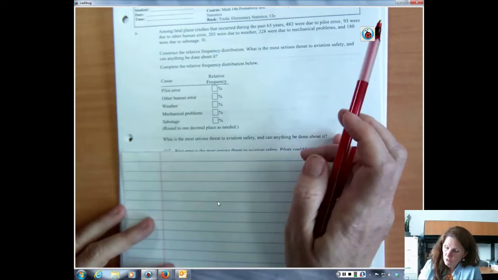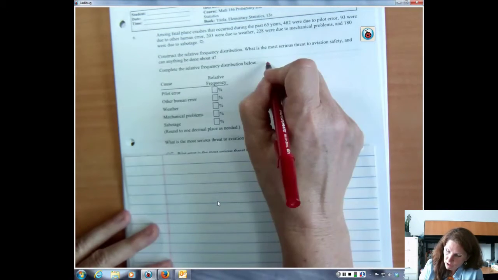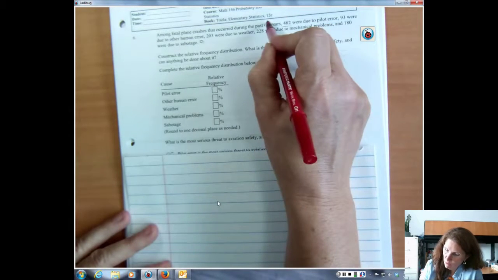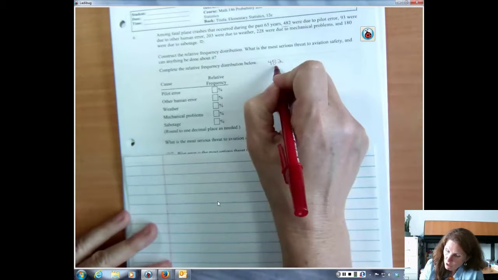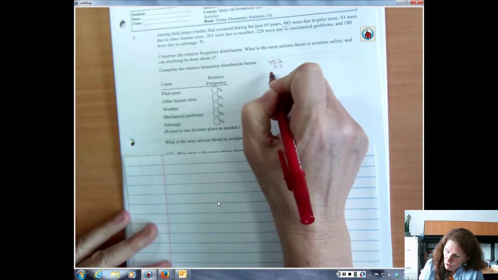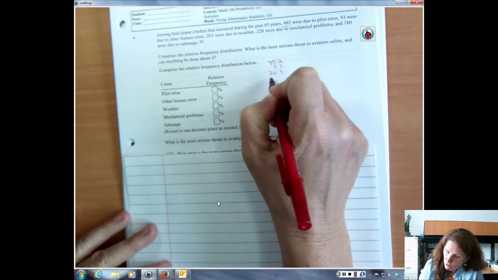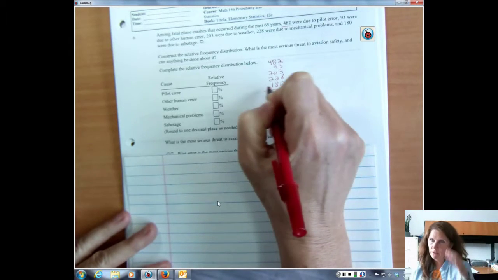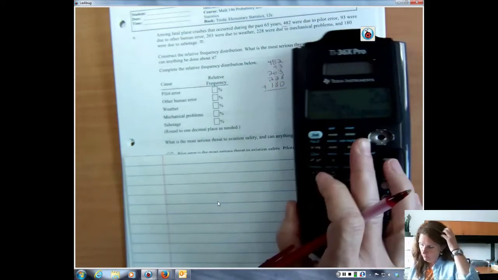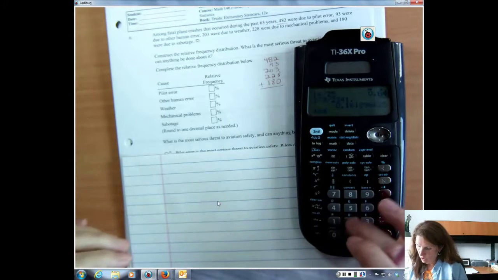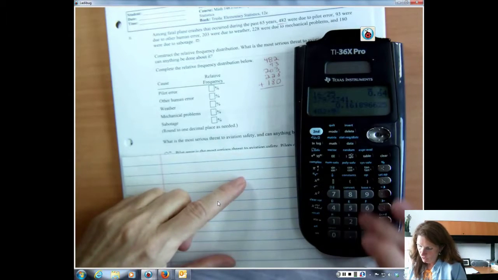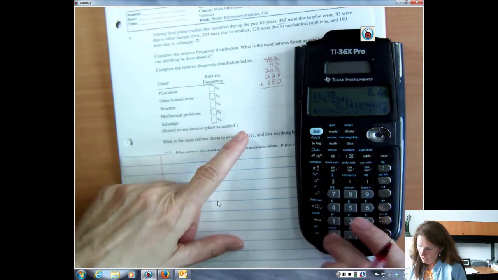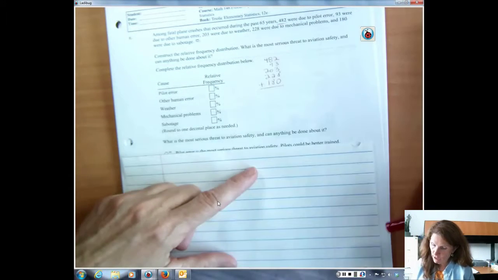So what you're going to do first is add up to find out what's the total number. We had 482. 65 years is not something we're adding in. 93, 203, 228, and 180. So we're just going to add this up to find out what our total sample space is here. 482 plus 93 plus 203 plus 228 plus 180 is 1,186.